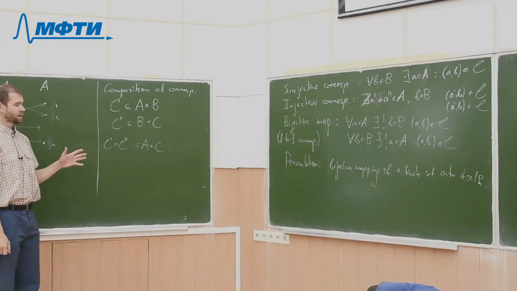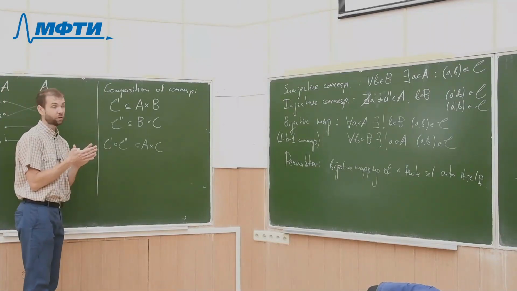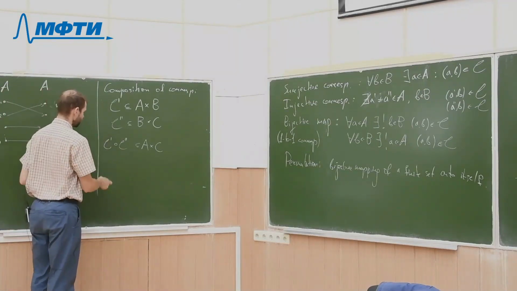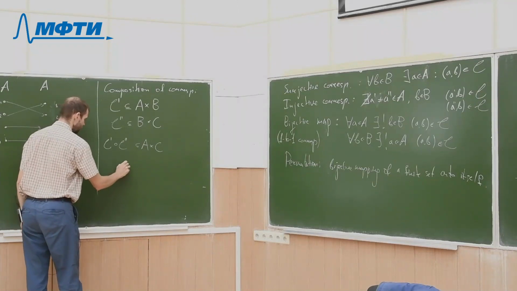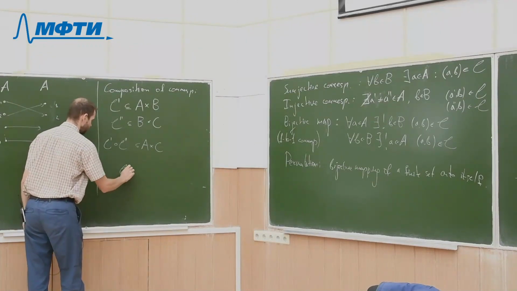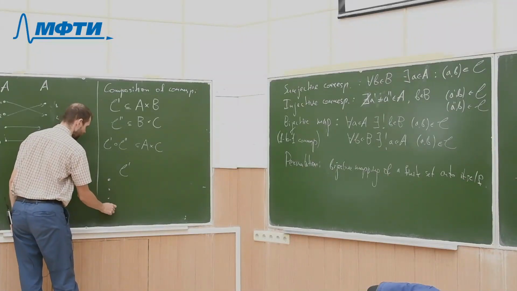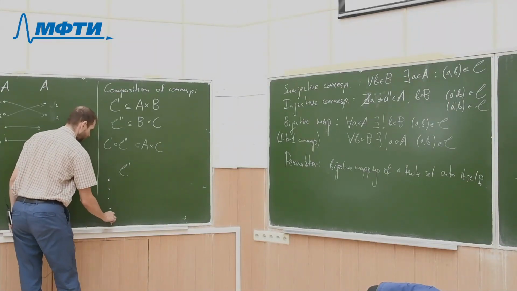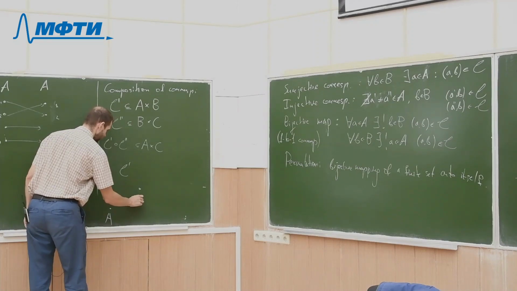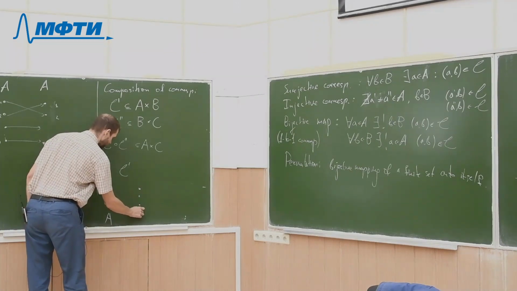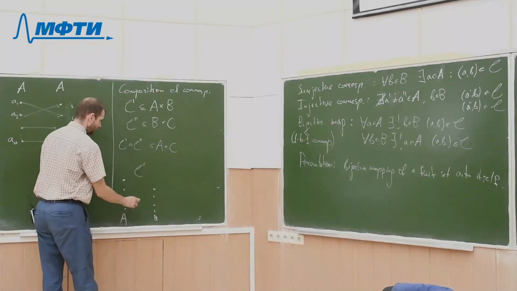We basically take the picture for this correspondence. Suppose that C prime looks like this. We have A on the left and B on the right, and we have some lines here.